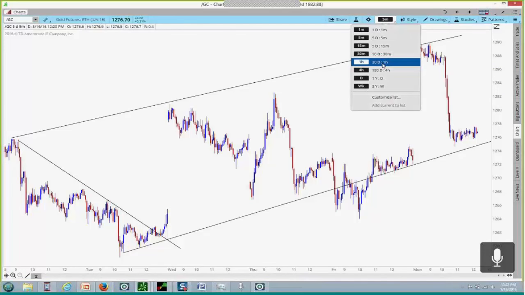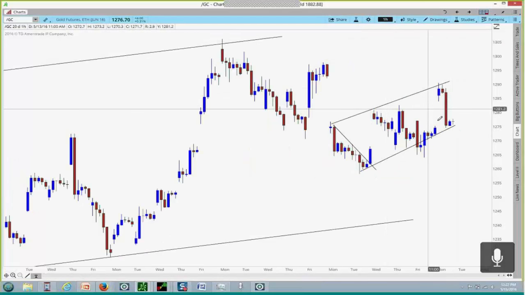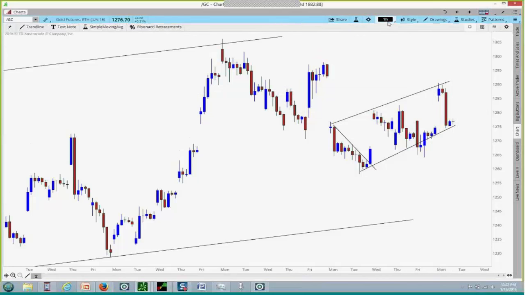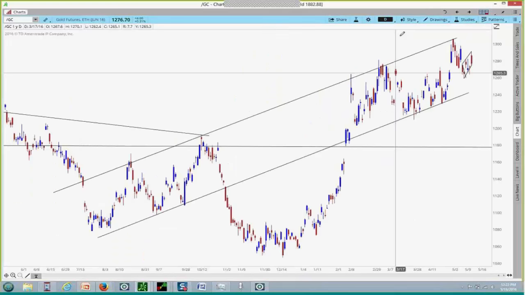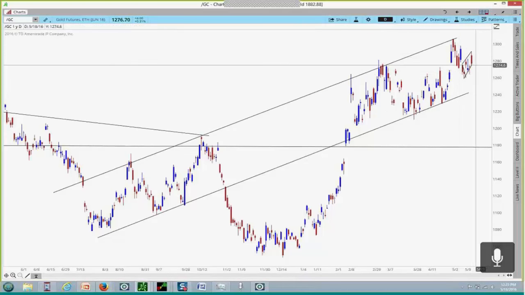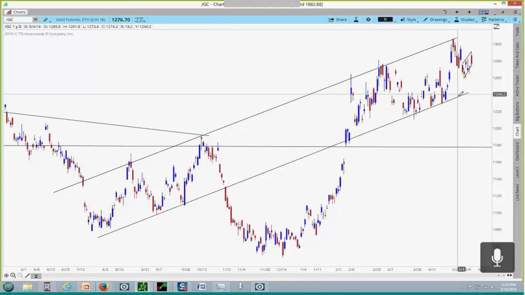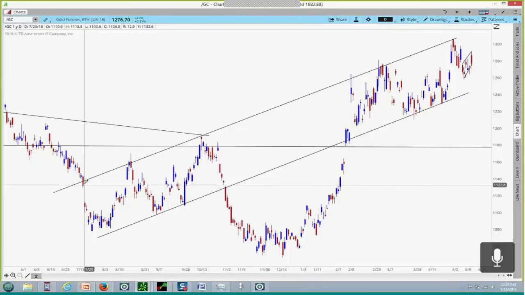If I pull back and look at it on a daily chart, a 1-hour chart, here's the trend channel I just drew. And you can see that we're really in a much bigger trend channel. Here are the lines I just drew, but we're really still smack in the middle between the upper and lower range of this trend channel that goes all the way back to July of last year.